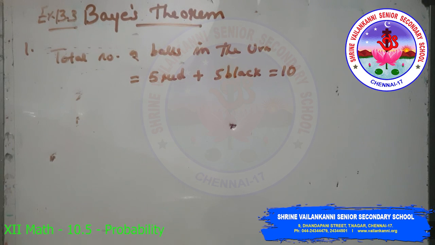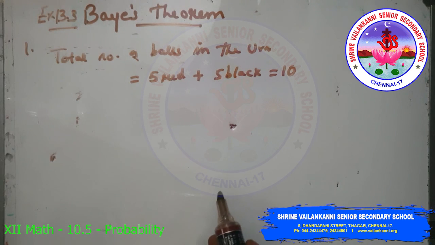So after drawing a ball at random and returning it to the urn, we are adding 2 more balls of the color drawn to the urn, and then a ball is drawn at random. We have to find the probability that the second ball is red.